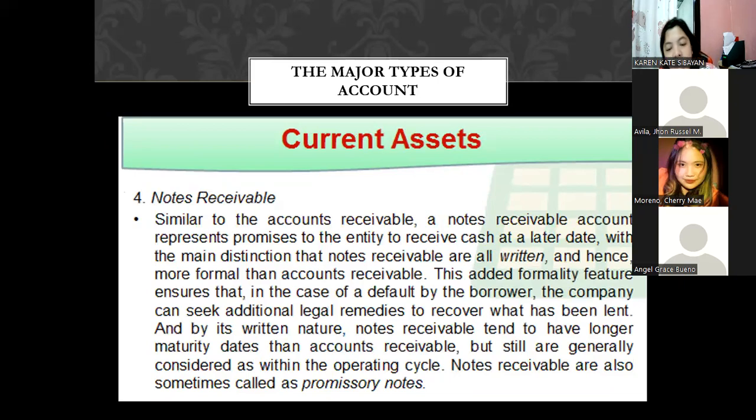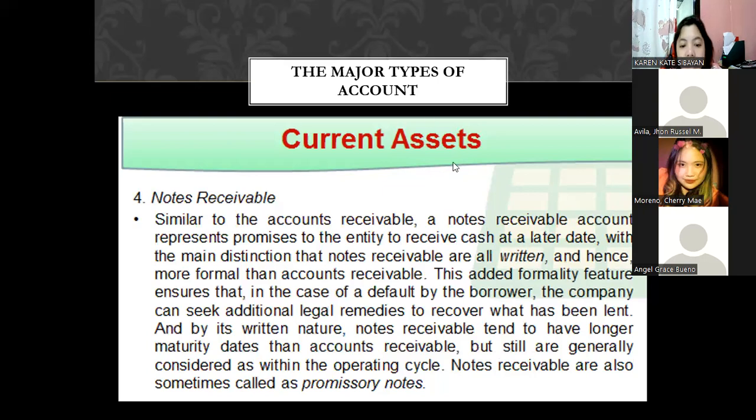So another assets class is what you call the notes receivables. Notes receivables, if your customer gave you a note, meaning you are about to receive cash at a later date.